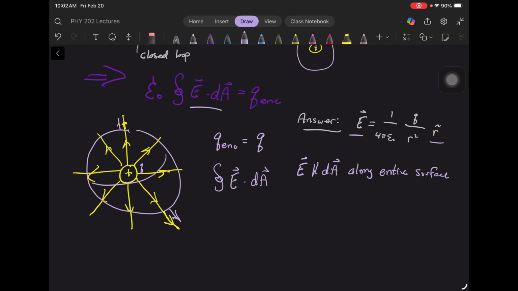We'll also say our surface has some radius r, and then we should be good to go. Since E is parallel along the entire surface, then we have just E dA. Since we're at the same distance away from the charge everywhere, r is a constant here. We can go ahead and pull this out.